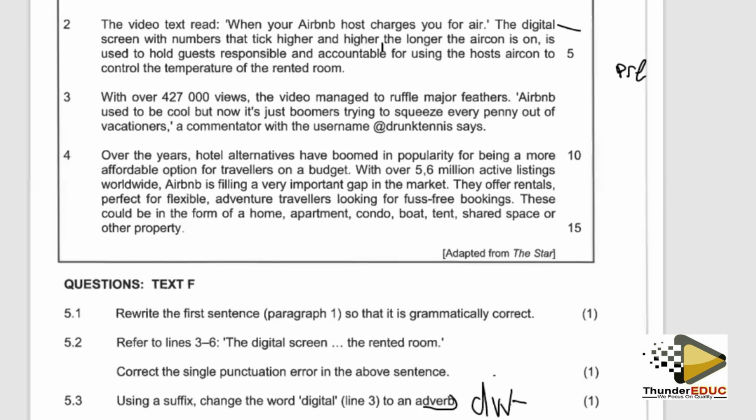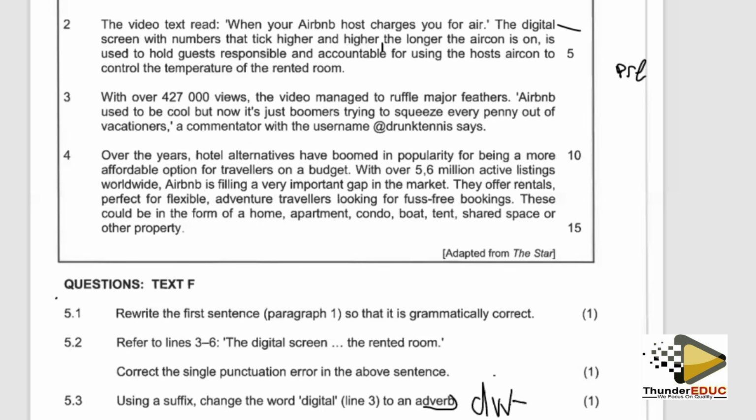Write the word aircon out in full. Line 4 says, the longer the aircon is on. Aircon is air conditioner.